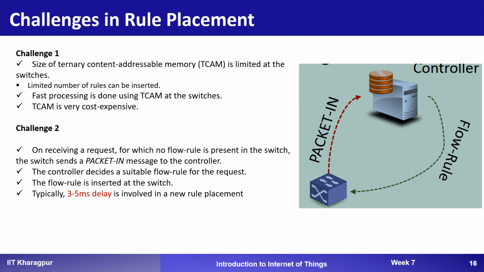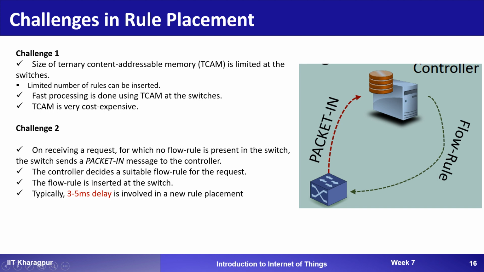This memory is used at your switches. At different switches your flow tables are maintained, which store your flow rules, and the size of the memory of this TCAM is very limited, so you cannot store a large number of rules at your switches, right?